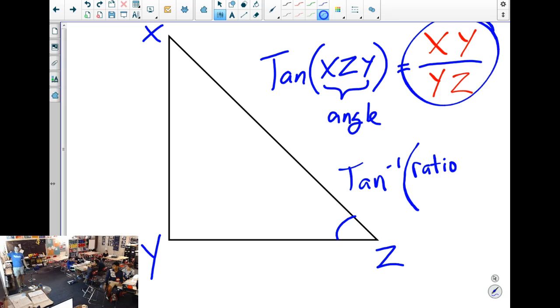So if you know this, and you don't know your angle, you use inverse tangent and you're plugging in a ratio. You're never plugging in a single side length. You're always working with either the angle that is made or the ratio made from the angle.